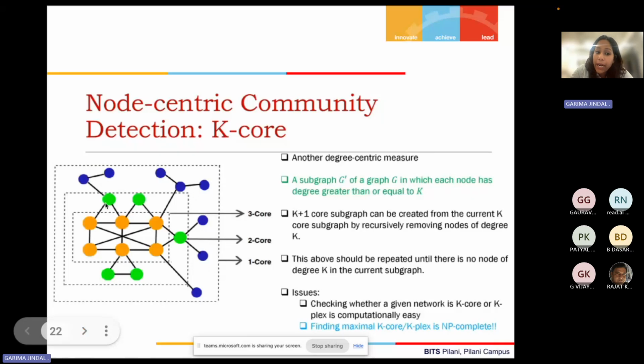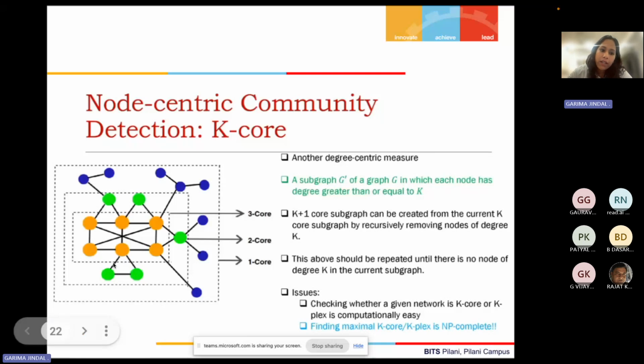Then they try to remove all the nodes with degree 2. So if we remove all these blue nodes, there will be no node with degree 1. Okay, so all these nodes are 2-core nodes and they form the second community. Similarly, they will keep on removing all the degree 2 nodes until I have no nodes with degree 2.